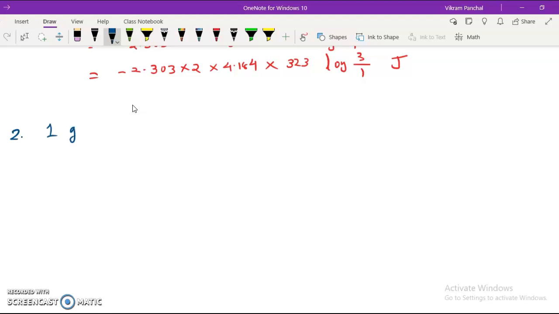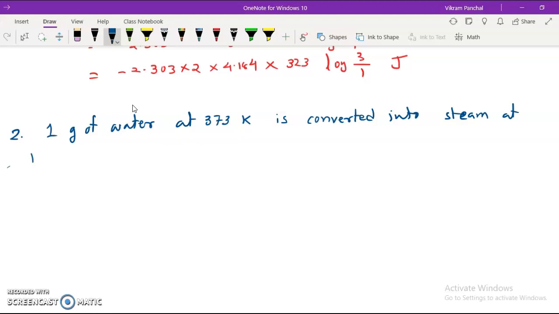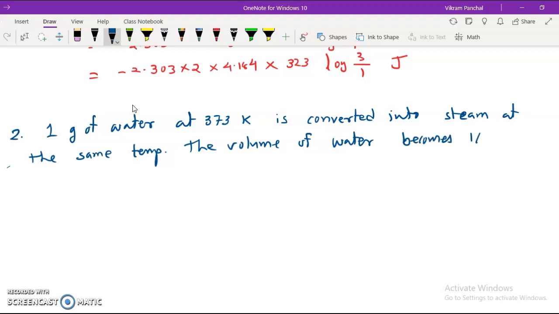1 gram of water at 373 Kelvin is converted into steam at the same temperature. The volume of water becomes 1671 milliliter on boiling.